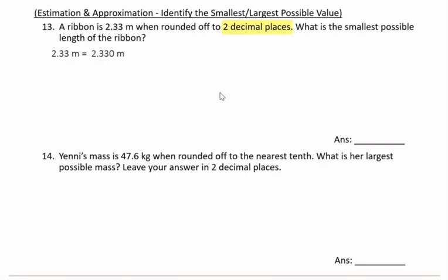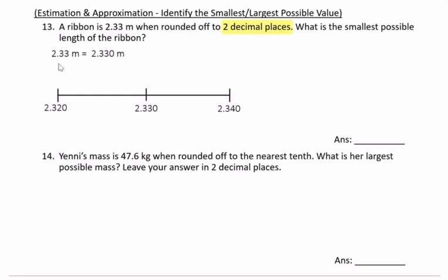Then I will ask myself, how do I gauge? Remember, when we do whole numbers, we use number line. So for rounding off, it's the same. We use number line. The rounded off value, we write in the middle, 2.330. Then 100th, because it's 2 decimal places. So this will be 100th less, so it's 2.320. I drew my number line. Then this will be 2.340.